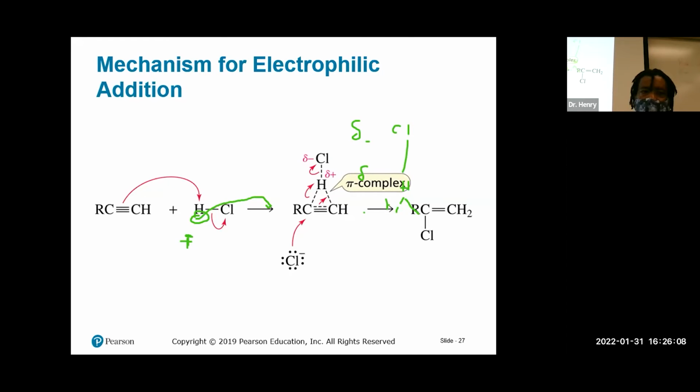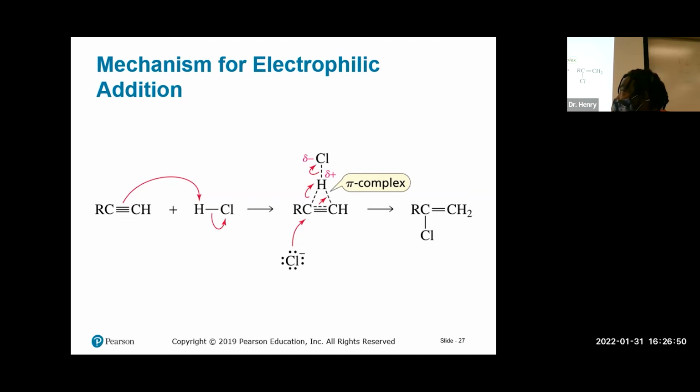Triple bond electrons are being given to the hydrogen. The hydrogen's electron is going to be given to the chlorine. So these are actually going to form our pi complex. Then, with the formation of the pi complex, we end up getting chlorine added onto the carbon that has a chain on the other side, not the terminal one.